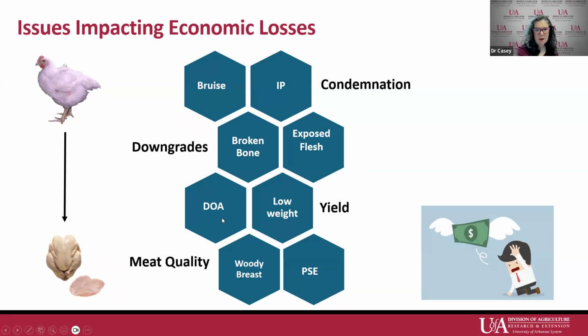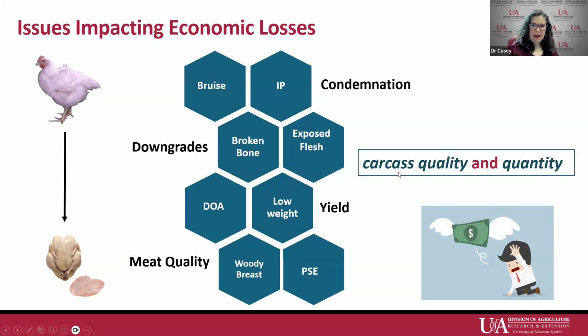A dead on arrival would obviously affect yield because you don't have that to process. And then meat quality, we'll talk about some of these things like woody breast and pale, soft, and exudative meat. Those things will impact quality, but also have impacts on yield as well. All of these things can really hurt the bottom line and decrease the profitability and impact those economic losses.